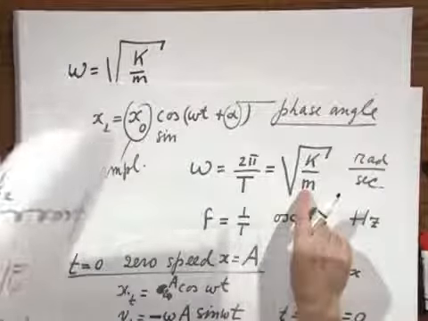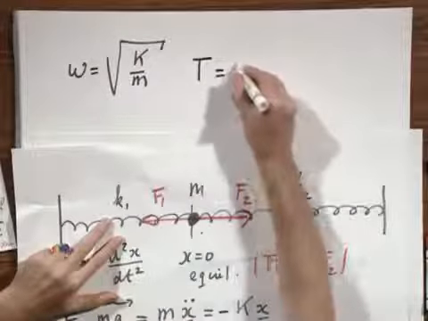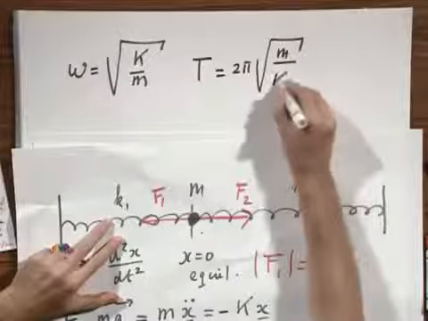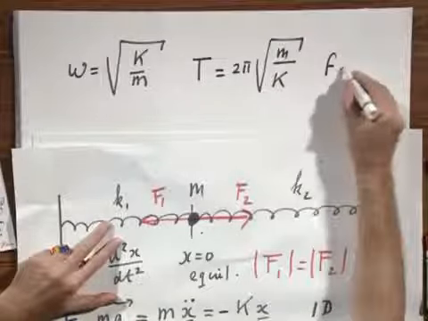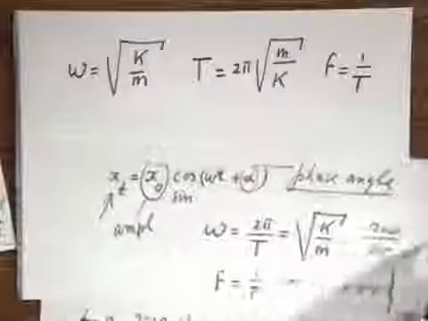Here you have it, square root of k over m, and therefore the period of one oscillation equals 2 pi times the square root of m over k. And I repeat myself, the frequency, how many oscillations per second, is 1 divided by the period.